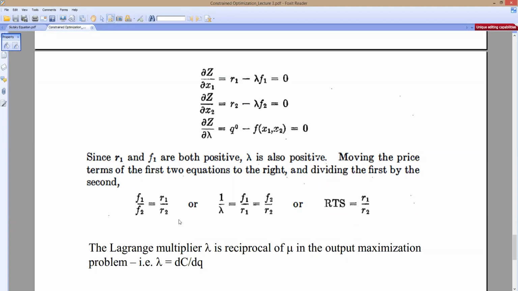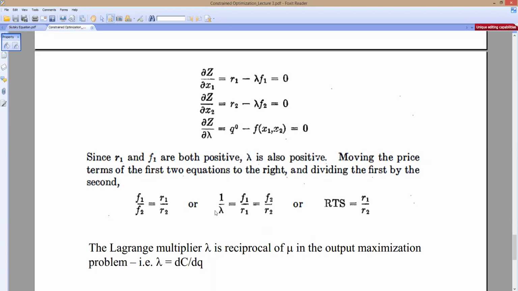So it will be better if you write this expression first, and after that you write this one, and then you come to this particular context where 1 by lambda is equal to f1 by r1 is equal to f2 by r2. Now, if you get 1 by lambda is equal to f1 by r1 is equal to f2 by r2, this is quite similar to the earlier context, only here you are getting the reverse thing.